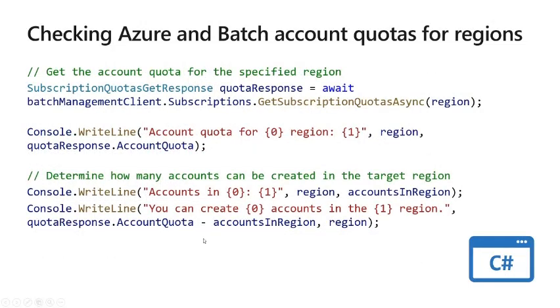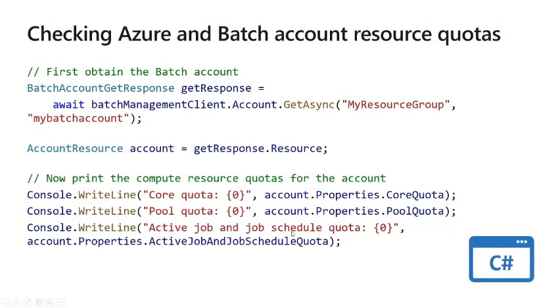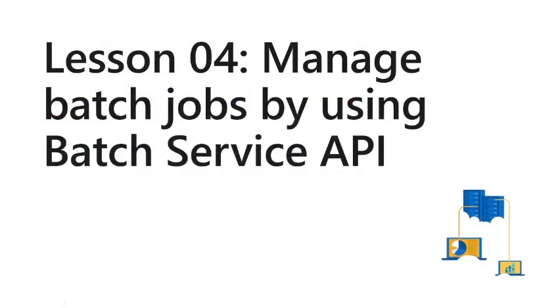Checking Azure and batch account quotas for regions: you can check simply with GetSubscriptionQuotaAsync with that region, and in the same way you can get the quota response. Checking Azure and batch account resource quotas. You can do many things.